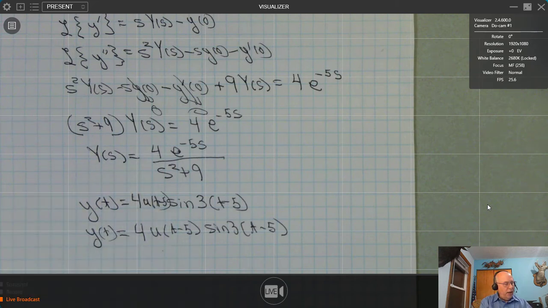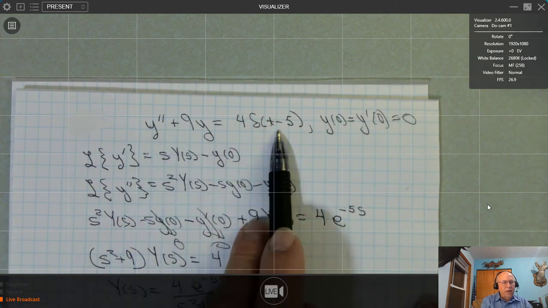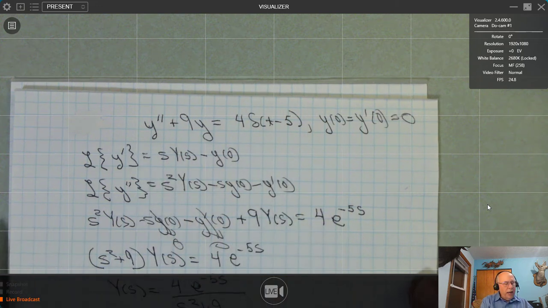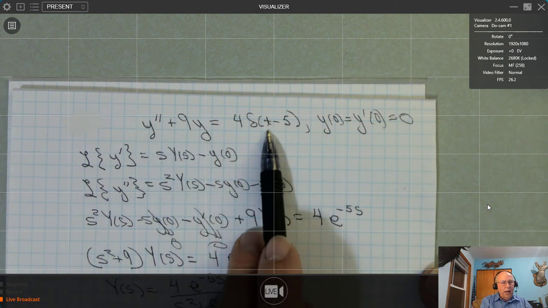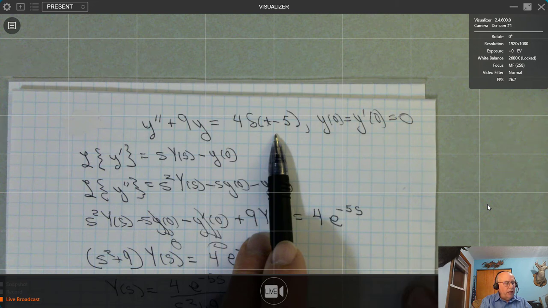And I'd like you to think for just a minute about what we've just done. This equation right here, we have studied a lot of methods for solving differential equations so far in this course, and not a single one of them can handle this. This is a non-classical function. It's not only discontinuous; it's not even a function in the classical sense.